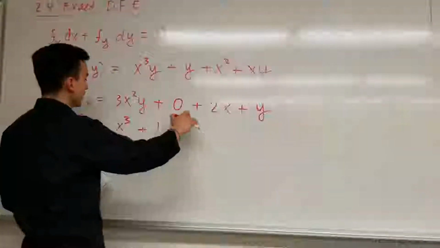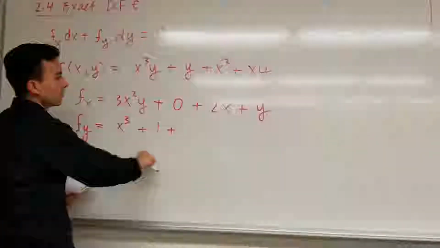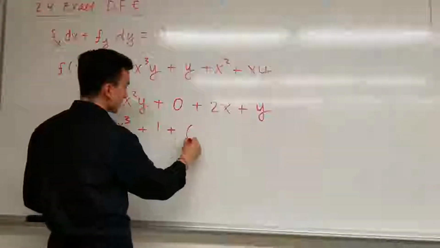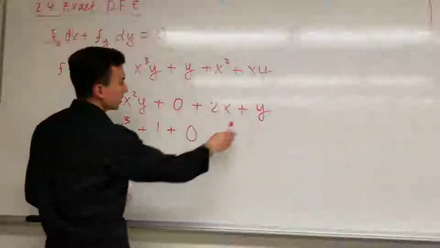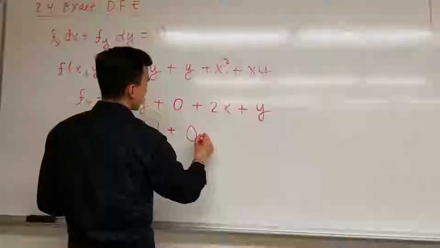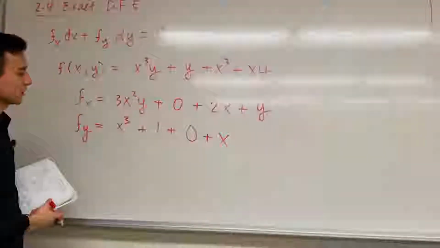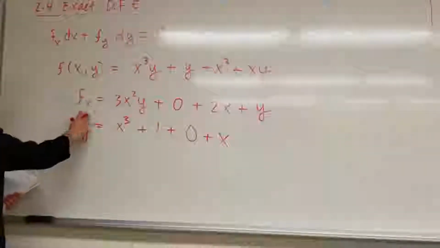Plus, if we take the partial of this y, the x is now the constant, so that becomes a 0. Now if we take the derivative of y here, that just leaves the x. So this is how you take the partial derivatives with respect to whatever variable.